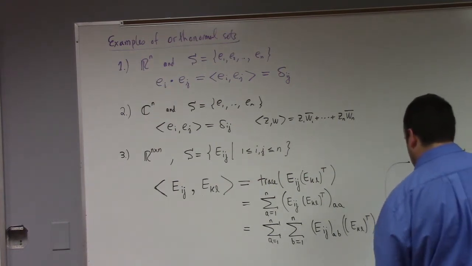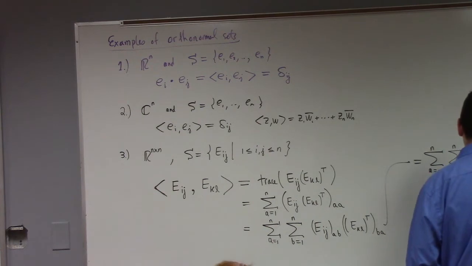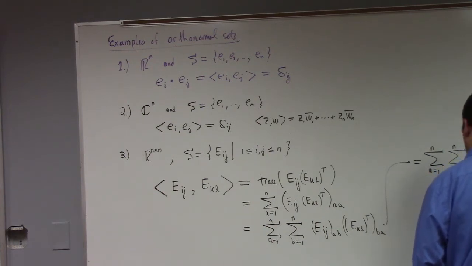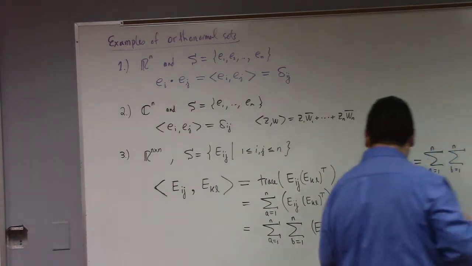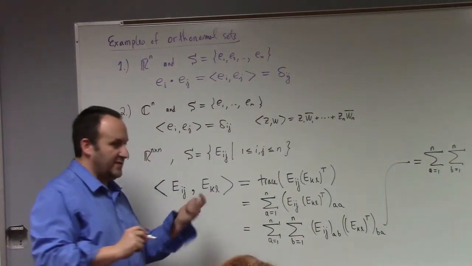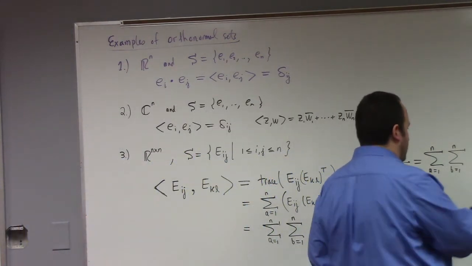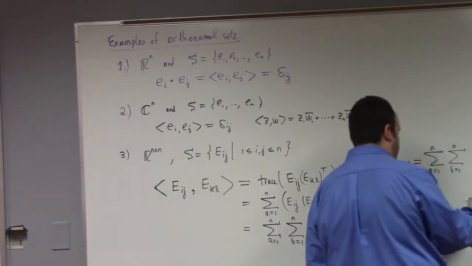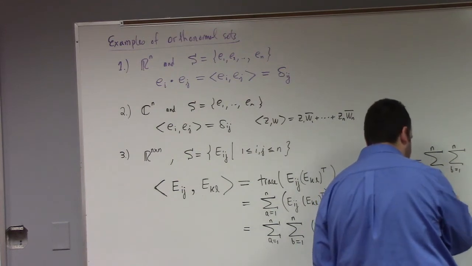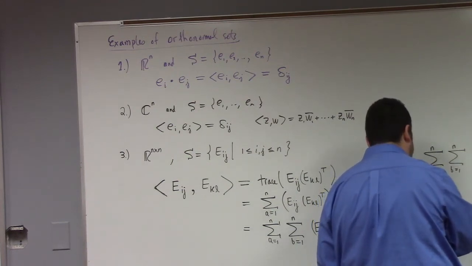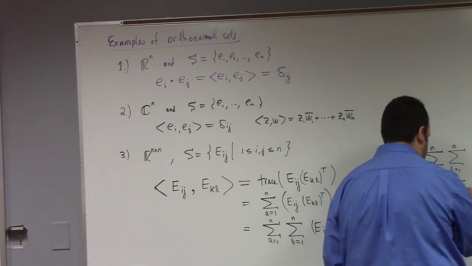Let's see here. So this is E_KL, AB, right? Because we take the transpose. So the transpose flips the indices there. And then finally, we have gotten down to the level of components. And remember how we defined the matrix unit?